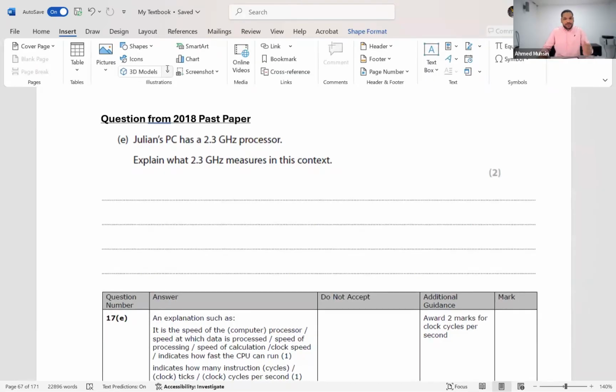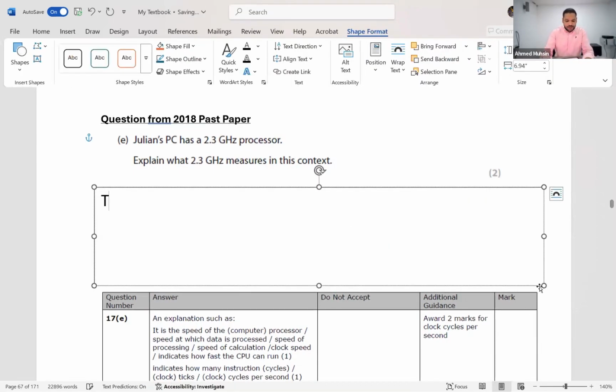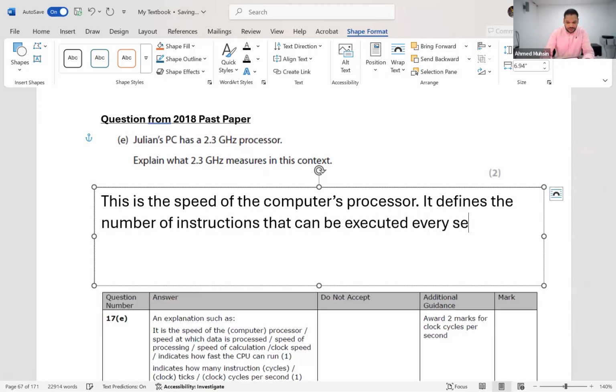We'll start off with: this is the speed of the computer's processor. It defines the number of instructions that can be executed every second.